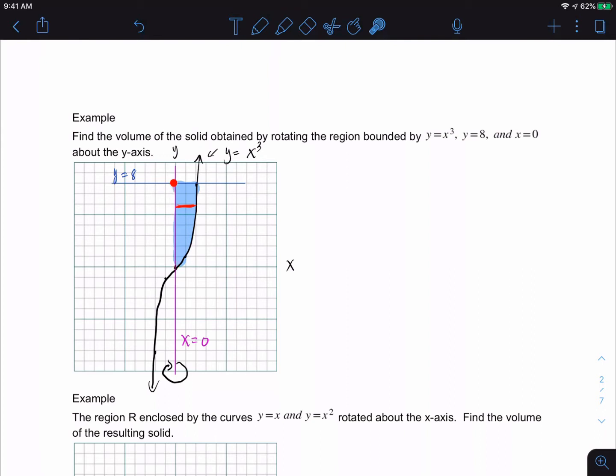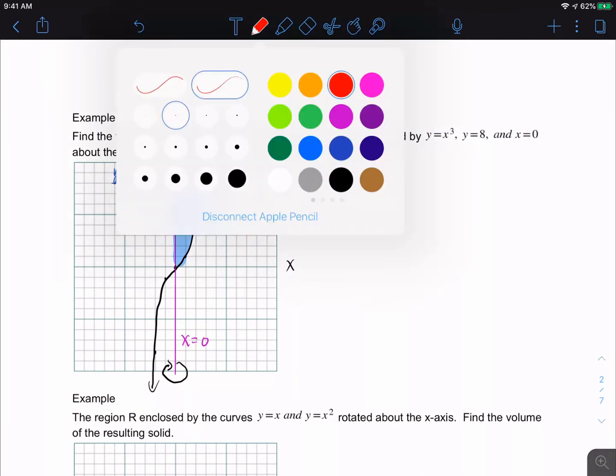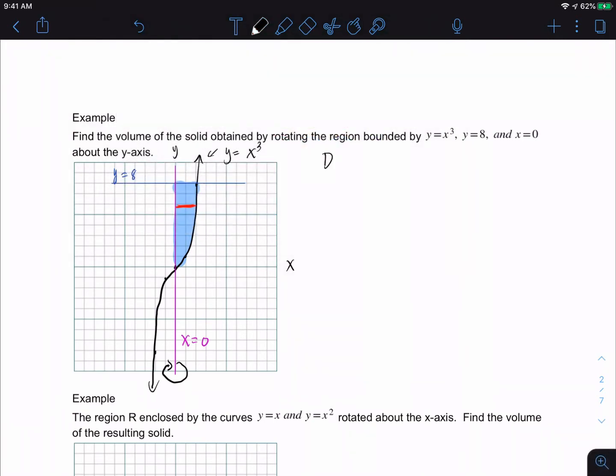Is there a gap here? Is the blue not hitting that axis at all? Yeah, it's not. And since it's not, that tells us this also has to be a disk method problem.